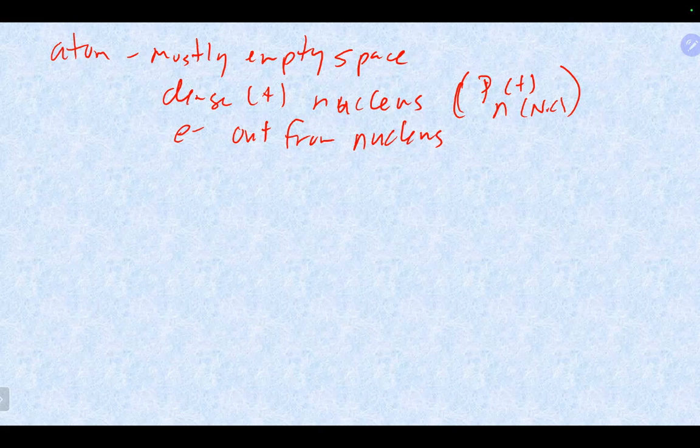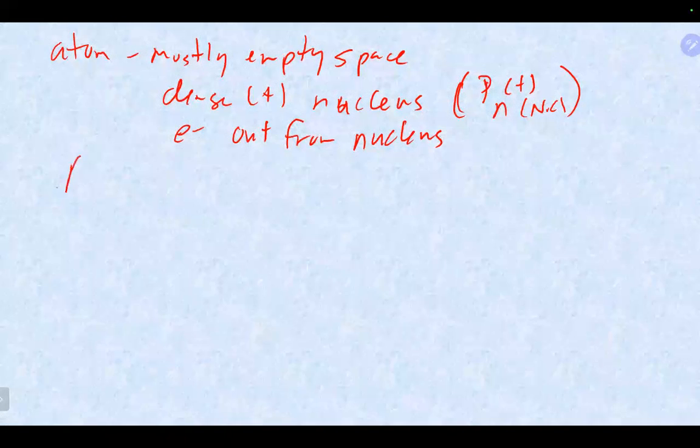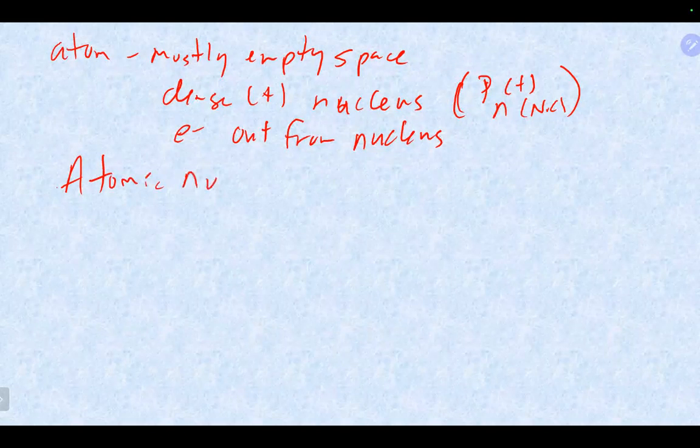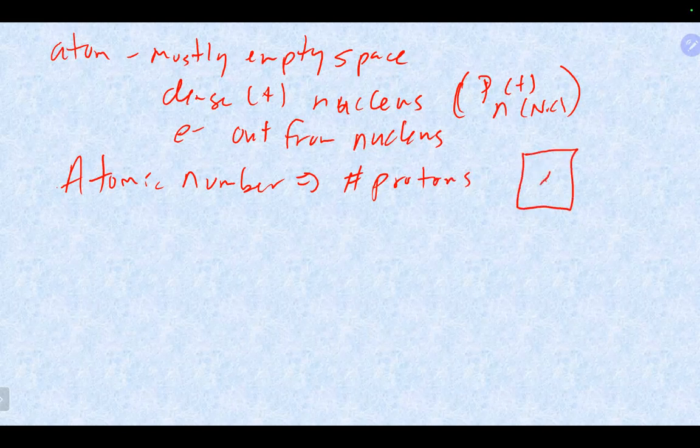The other thing we covered in that lecture was the idea of atomic number. The atomic number is the number of protons in an atom. It can be found on the periodic table, and it is the number that typically is above the symbol. It will tell you the number of protons in an atom.